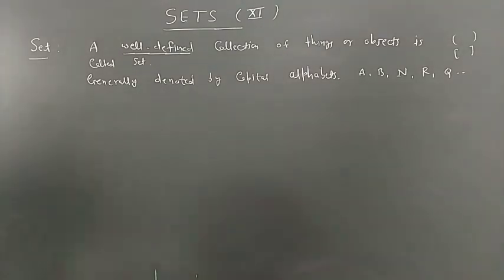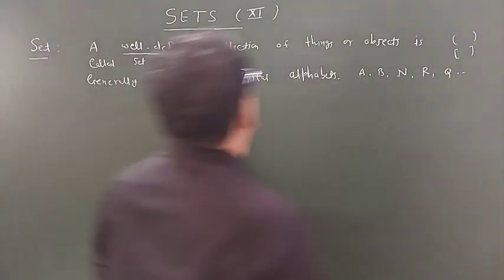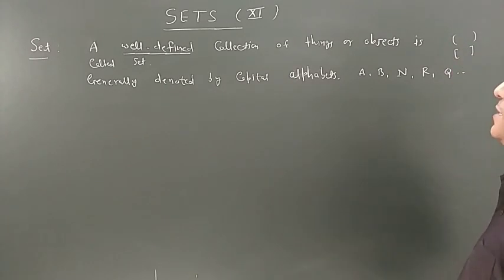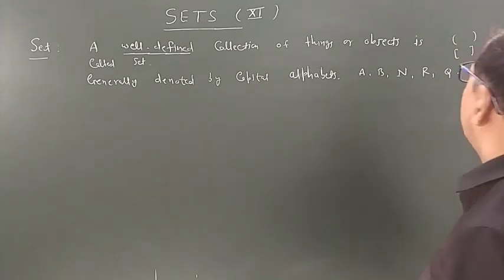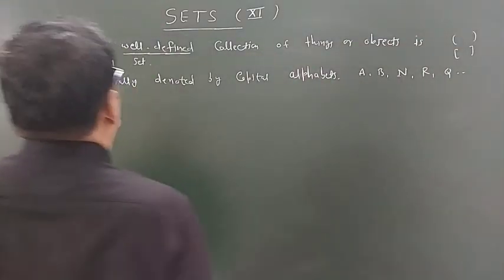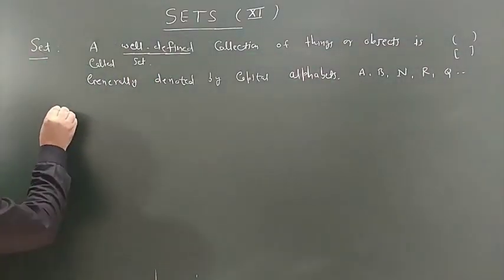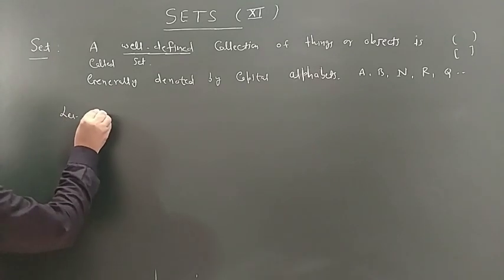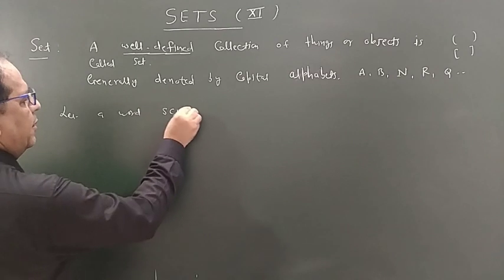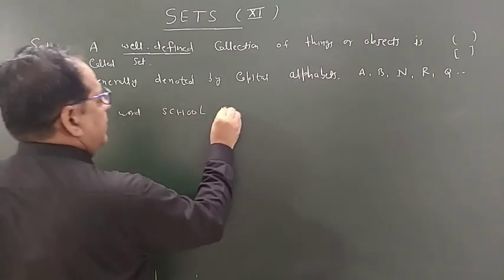So now again, here is the definition of set. A well-defined collection of things or objects is called a set, generally denoted by capital alphabets A, B, N, R, Q, and so on. Here, the word well-defined. Suppose a word school is given.